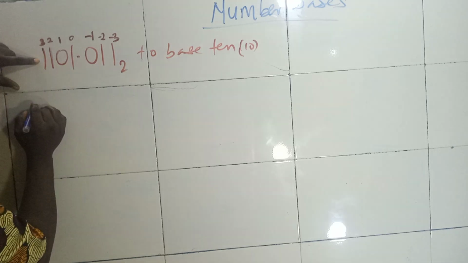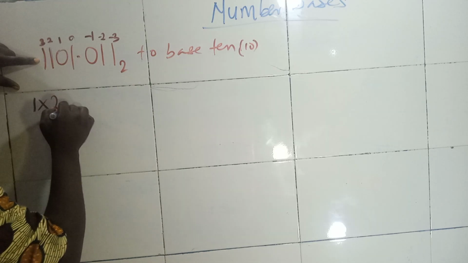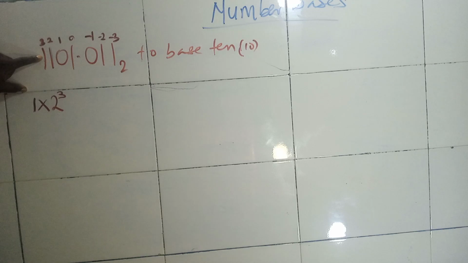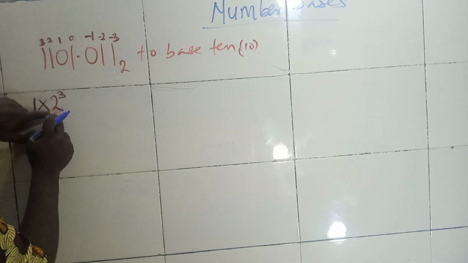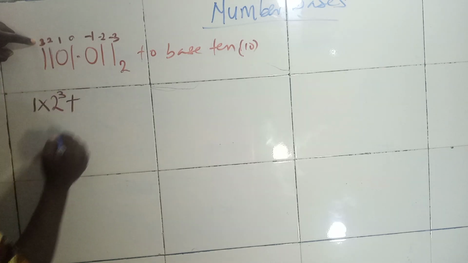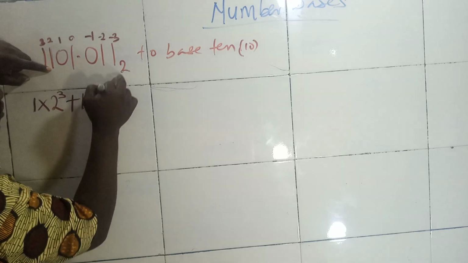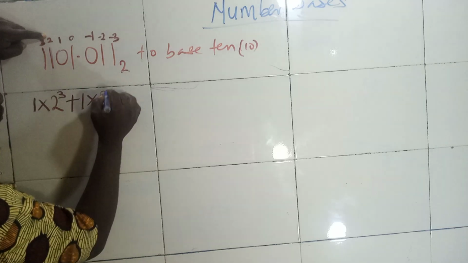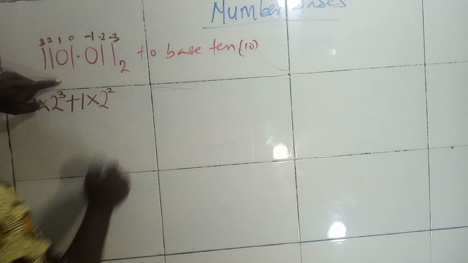So you're going to have 1 times 2 raised to power 3. 1 times subscript, which is 2, which is the base, raised to the power. Then you have plus 1, the same way, times subscript, which is the base, 2, raised to the number on top of the 1, which is 2. That will be the power.